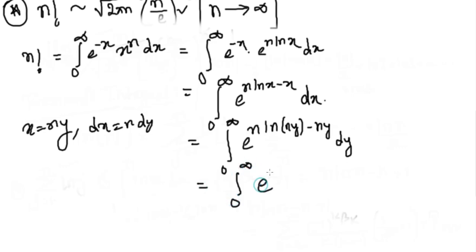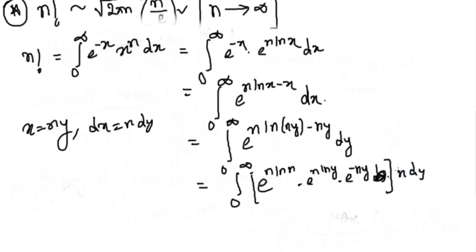This is e to the power n ln n on one side, and e to the power n ln y on one side, into e to the power minus ny dy. And obviously there will be an n dy here because dx is n dy.